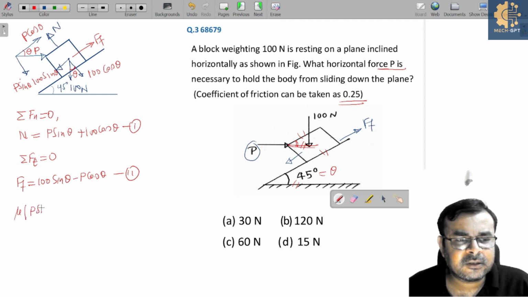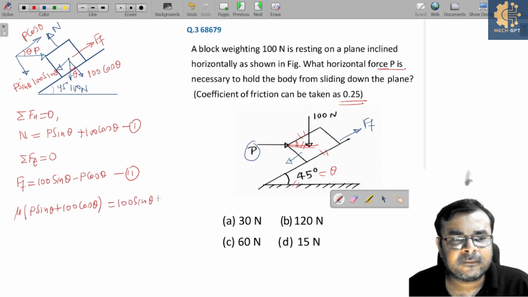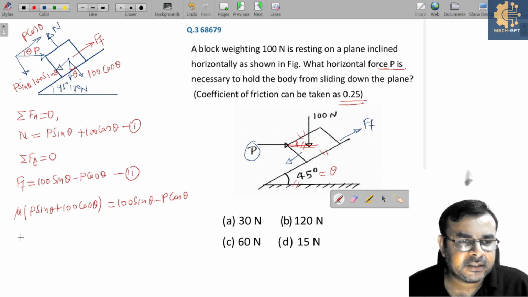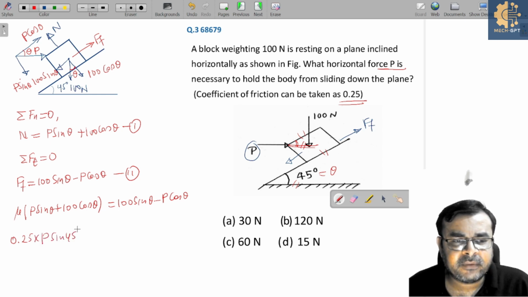N is nothing but P sine theta plus 100 cos theta, so mu times that is equal to 100 sine theta minus P cos theta. So by simplifying this equation, you can see mu is 0.25 into P sine 45 degree, and let us say we move this term to the left side.